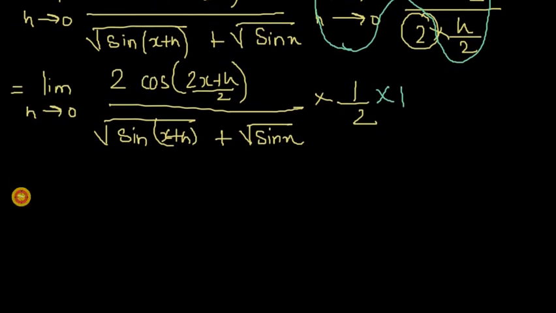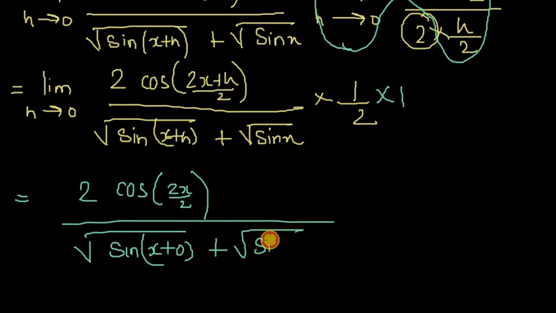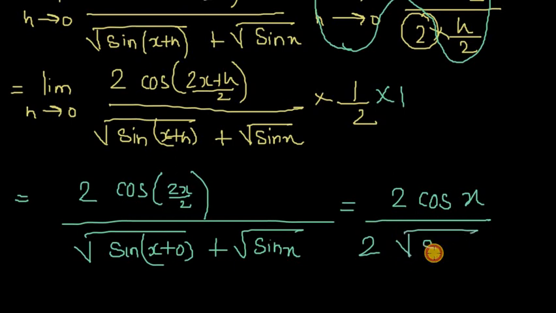Okay. Now we'll apply the limit in the remaining part. So what is that? 2 cos 2x by 2 as h is 0 into root sin x plus 0 plus root sin x. That gives us 2 cos x, root sin x plus root sin x is 2 root sin x, cancel 2 and 2.